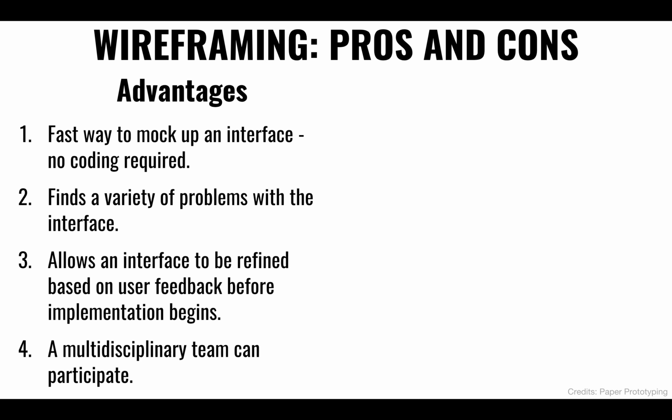Now, using wireframes, there are some pros and cons. One of the things is that they're very cheap to build. You don't actually have to code anything, although that could be an advantage and a disadvantage, right? You don't have to code anything, but at the end of building these things, you end up with no code whatsoever, right? So you have to actually build some of these. Although some tools today, right, allow you to go from a wireframe down to an actually running application, right?